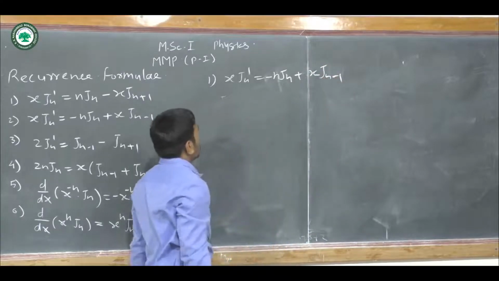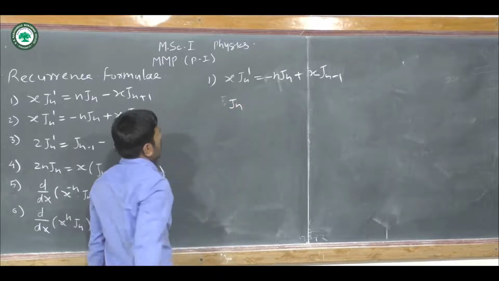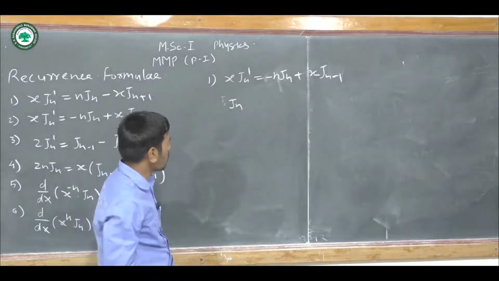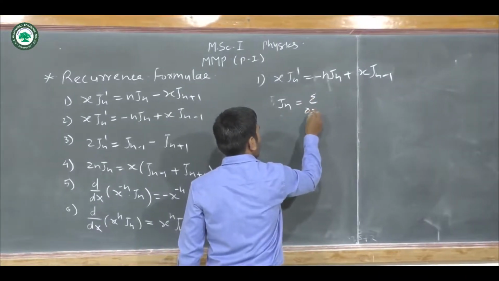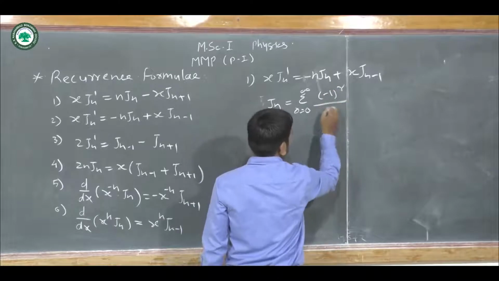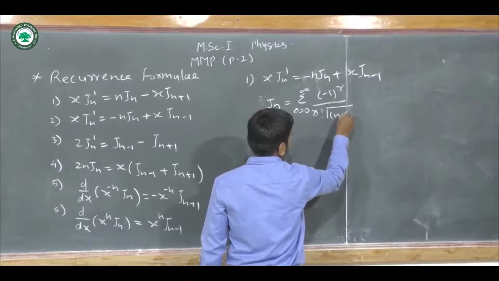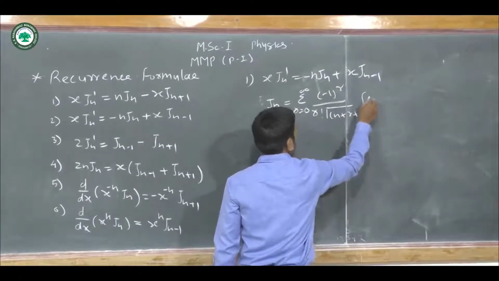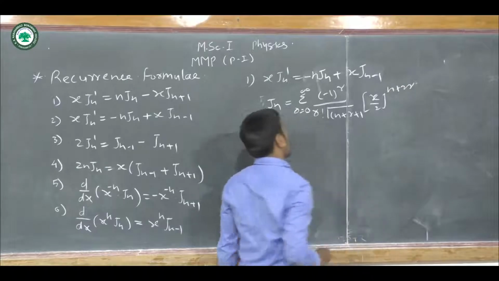We know the Bessel function, that is Jn is equal to summation r equal to 0 to infinity, minus 1 power r divided by r factorial gamma n plus r plus 1 into x by 2 power n plus 2r.